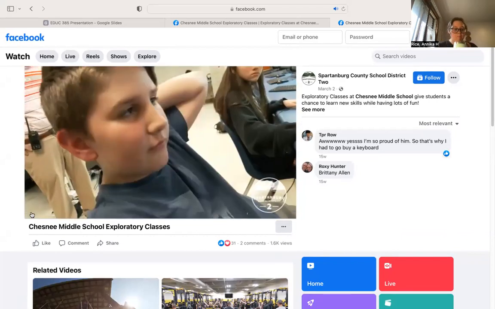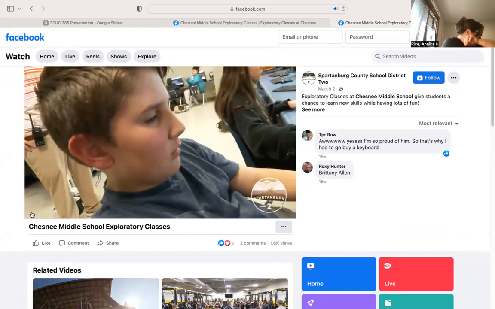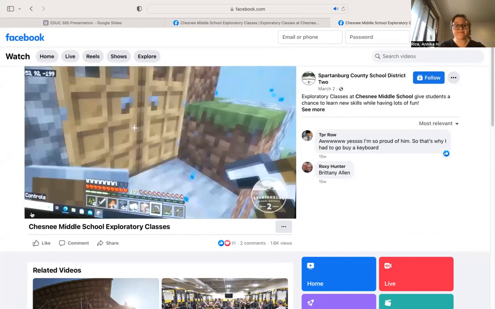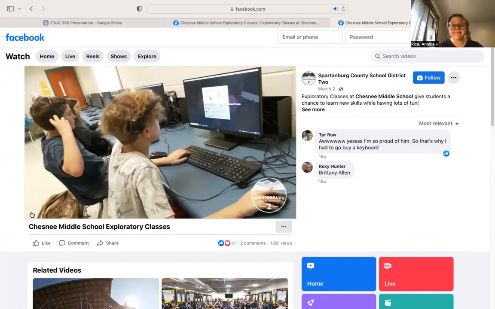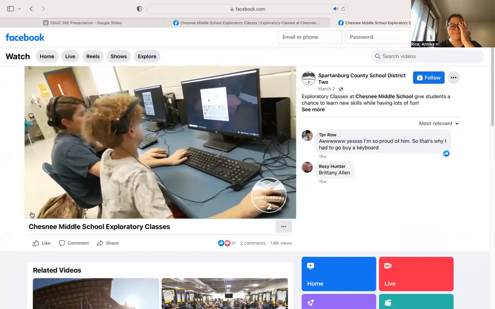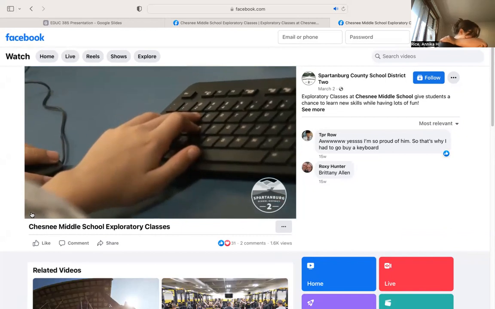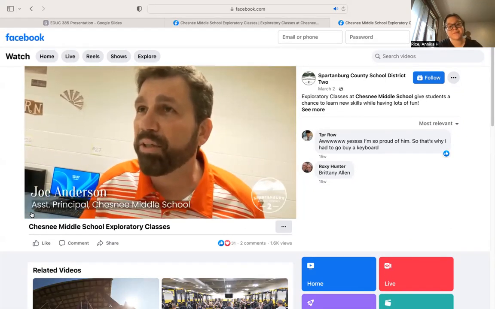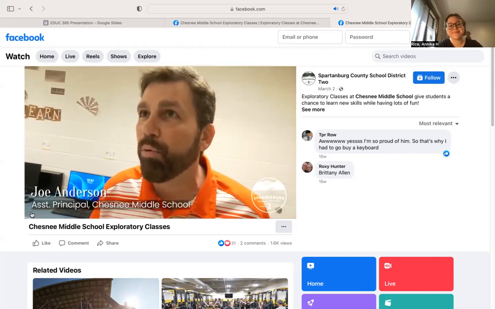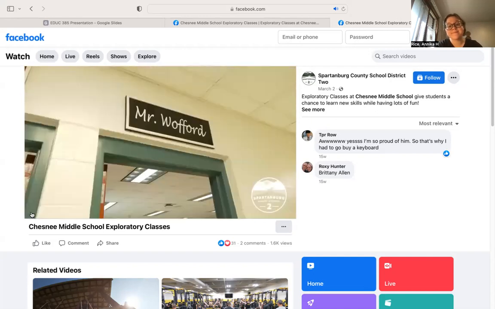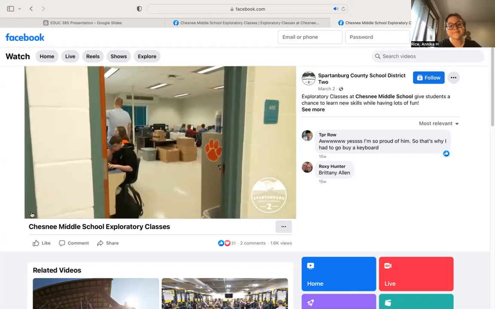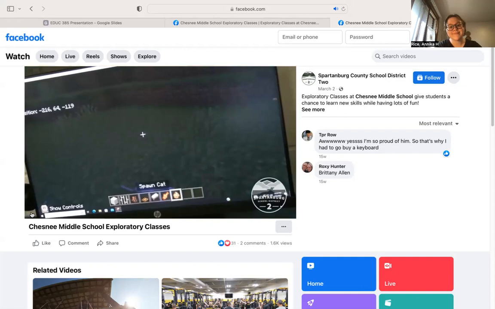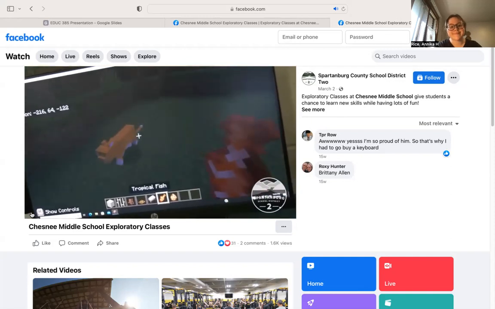So you create different things, like we created this mountainside house where we mined into the mountain and created the house. Our exploratory classes, each kid has 2 of them a day, each student, and they sign up for them. So they're able to pick things they're interested in, like computer science class, or if they want to do a PE. Also, we have our chorus, our orchestra, our band. One of our most popular elective exploratory classes is keyboarding and fundamentals of computing.